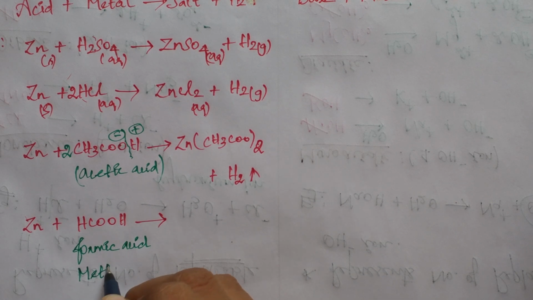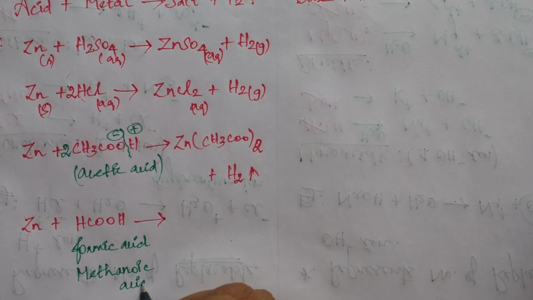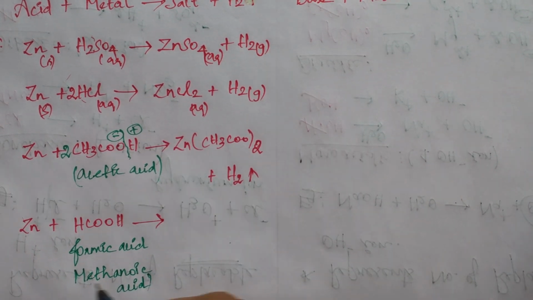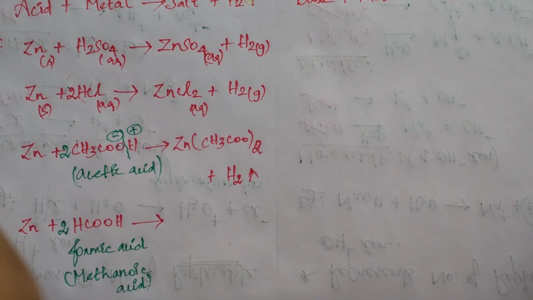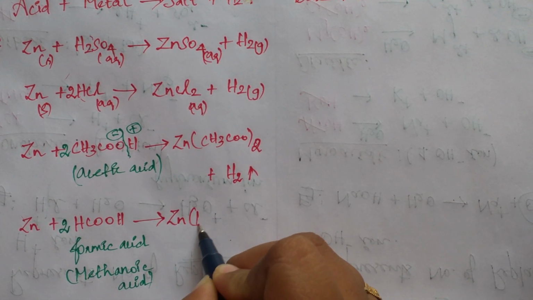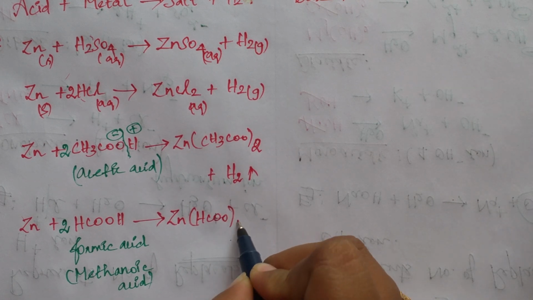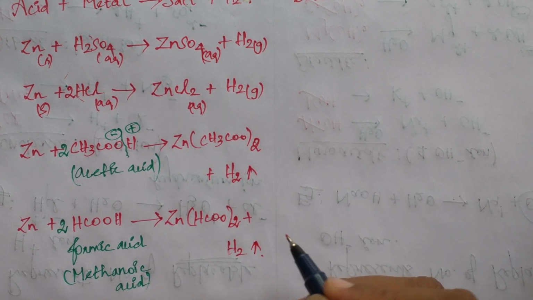Methanoic acid is the IUPAC name. Okay students. So here also you have to take 2 molecules. Then only you will get hydrogen gas. So valency of zinc is 2. So hence you will get zinc formate plus hydrogen gas.